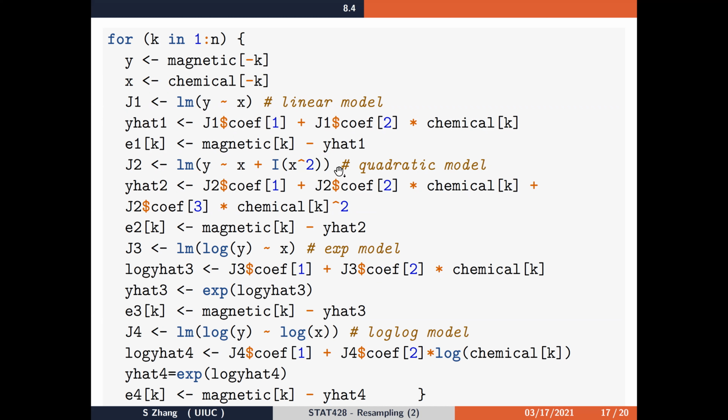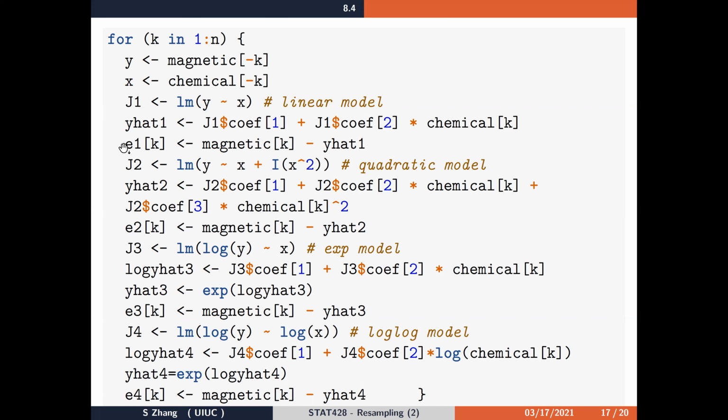Essentially, what this does is looping over all possible k's or possible i's, that is ranging from 1 through n. For each k, we leave out the kth observation, and then we fit the regression model, for example, J1, the linear model, J2, the quadratic model, J3, the exponential model, and J4, the log-log model, using y and x, leaving out the kth observation.